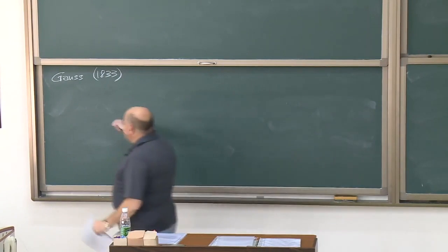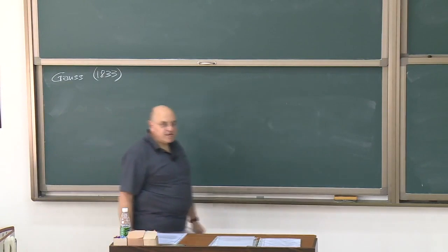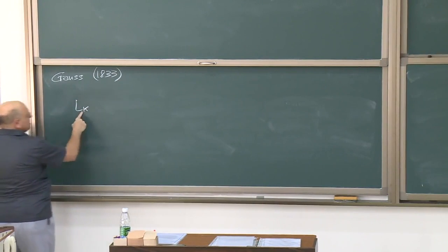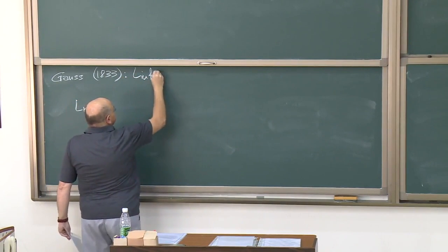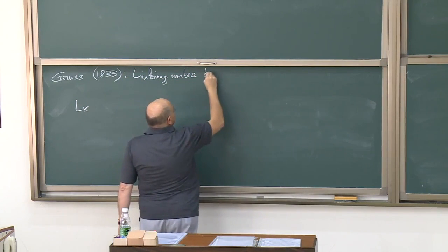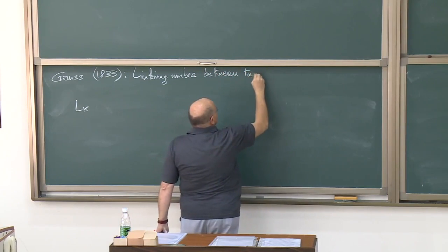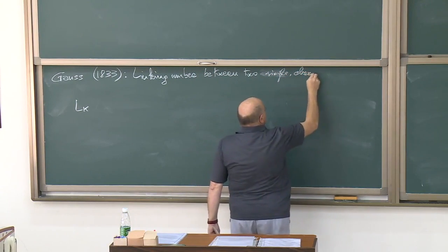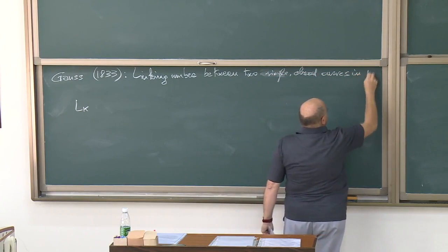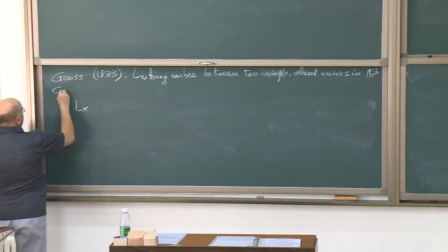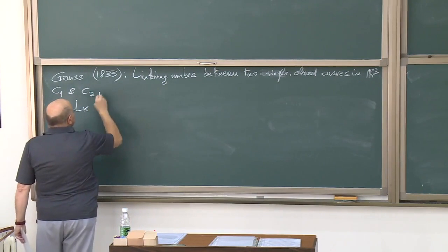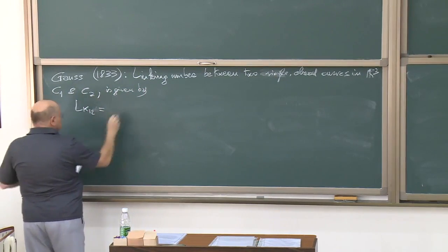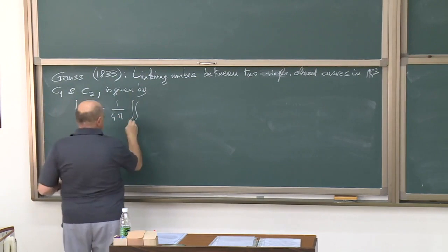Okay, so Gauss remarked, and the mystery remained on how he proved it, because there is no proof, that this quantity, let me call it a linking number, between two simple closed curves in R3, C1 and C2, is given by this formula: Lk12 equals 1 over 4 pi, double integral on C1 and C2.